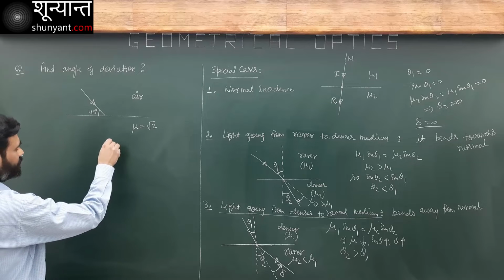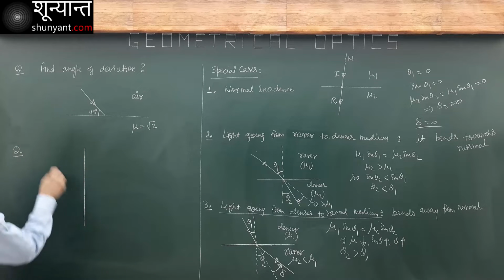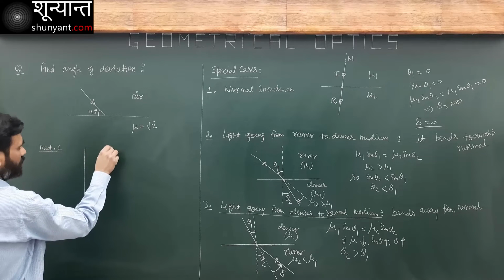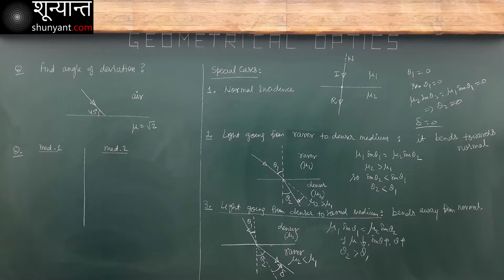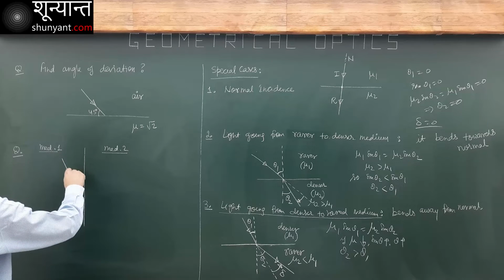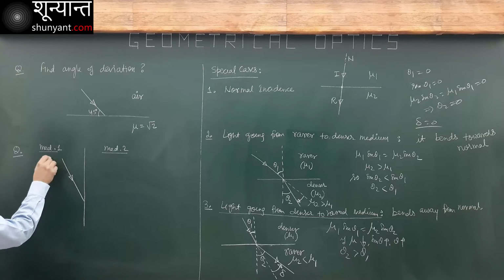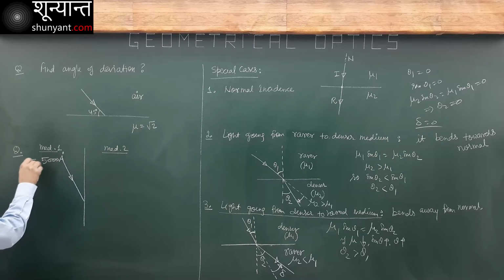Second. I have two mediums. This is medium 1. This is medium 2. Two mediums are given. I have light here. Its wavelength is 5000 angstrom, lambda 1 is 5000 angstrom.